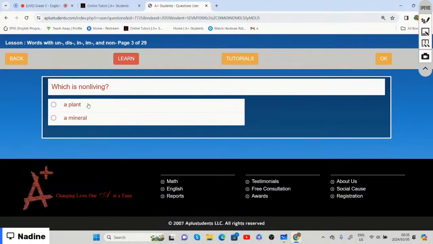which is non living. Is it a plant that is non living or a mineral that is non living? Remember, we have living things and non living things. So, non living. Is it a plant or a mineral?